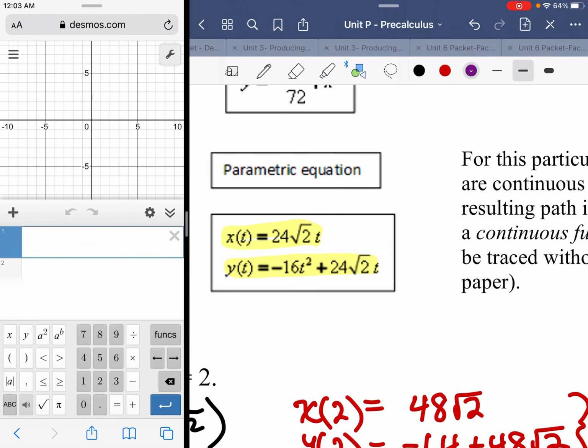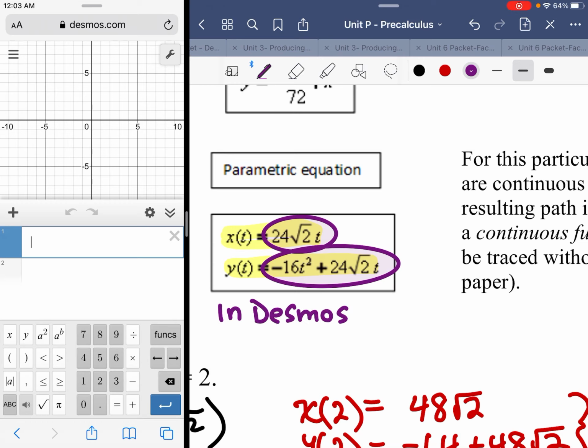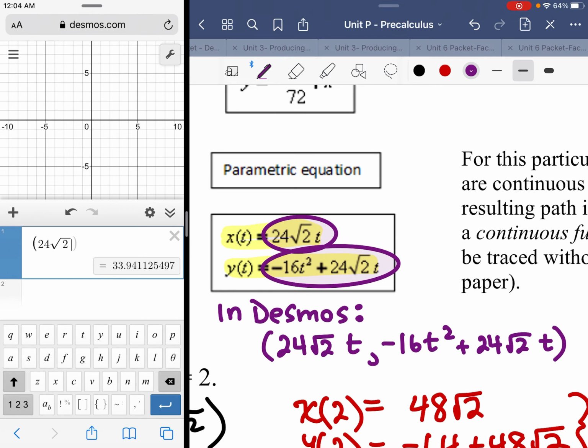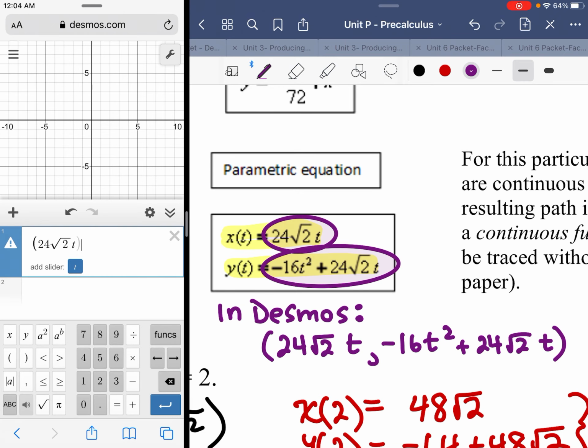what I would have to do, and it's very simple, is take whatever x is and whatever y is in variable form, and in Desmos, input that as an ordered pair. So 24 radical 2 times t, comma, negative 16t squared plus 24 radical 2 times t.